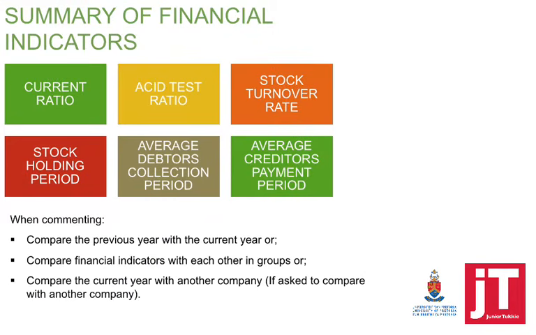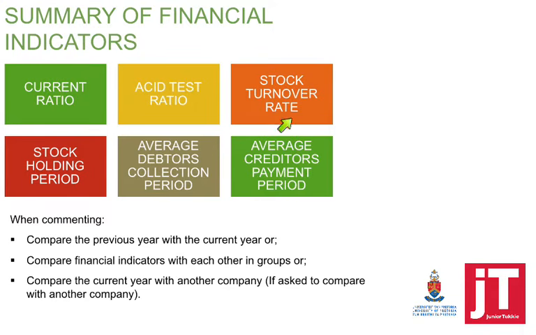A summary of our financial indicators. We have the current ratio. Will we be able to cover our short-term debt with our short-term assets? When we look at the acid test ratio, we take inventory out of the equation and we look at, will the business still be able to meet their short-term obligations?